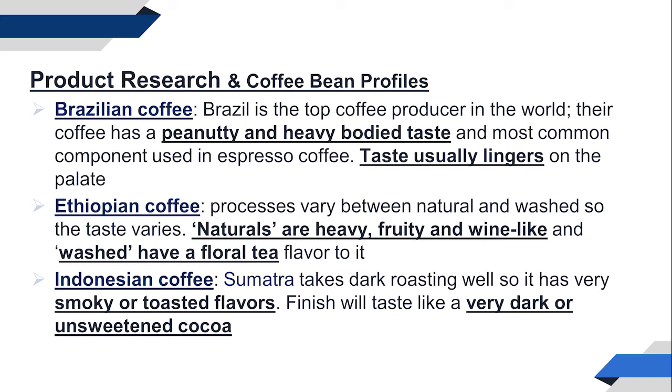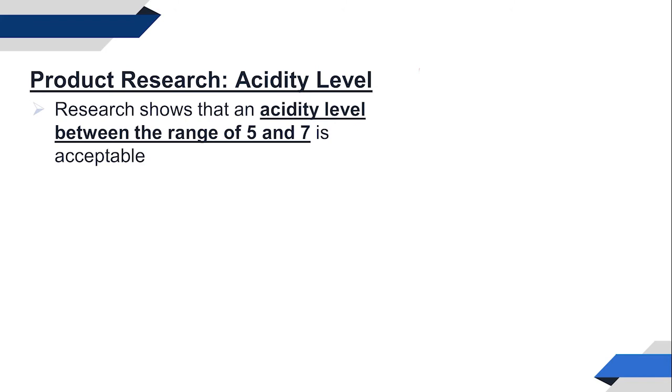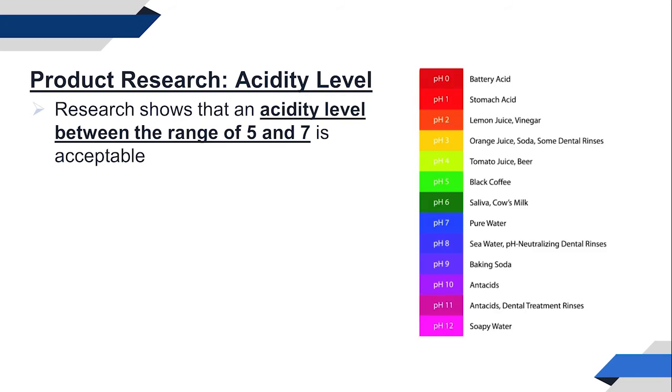Now we go to acidity levels. What our research shows is that anything between 5 and 7 is acceptable for the acidity of the coffee. Now, coffee has different flavors, indicating that some had a darker roast. And if you look on this chart that we have over here, it gives you an indication of what the acidity level is.